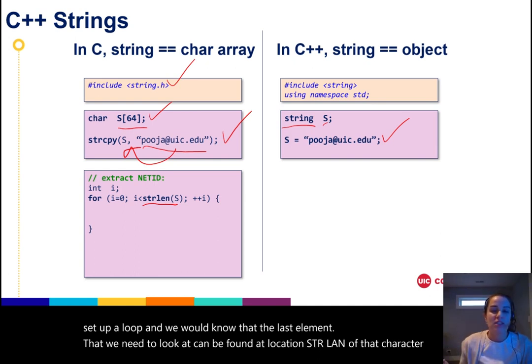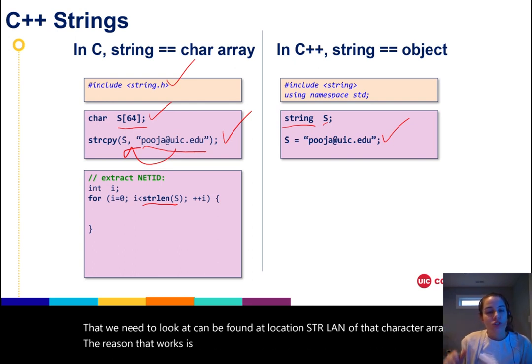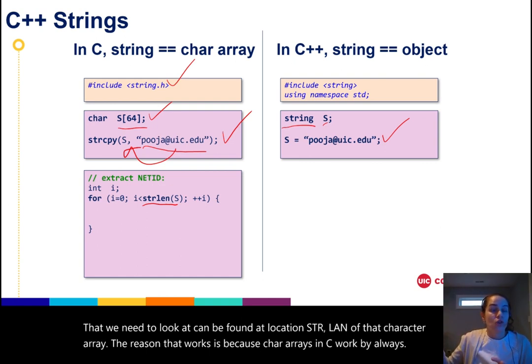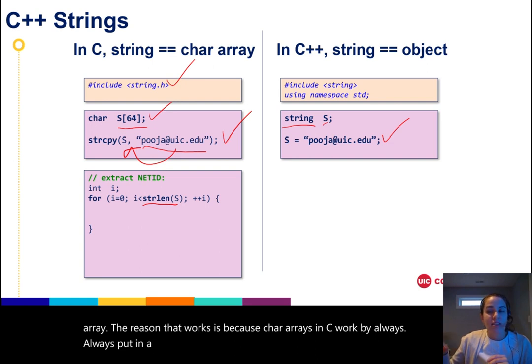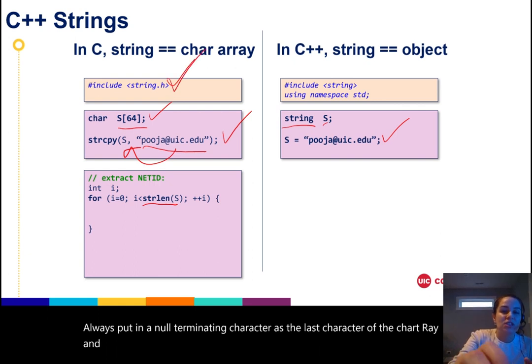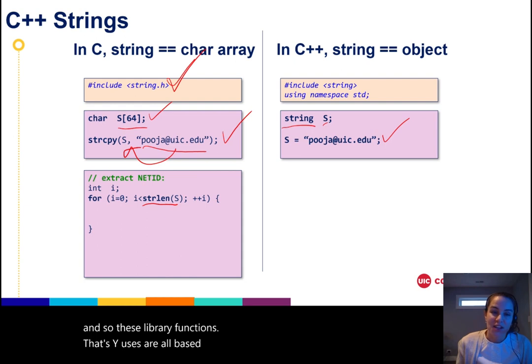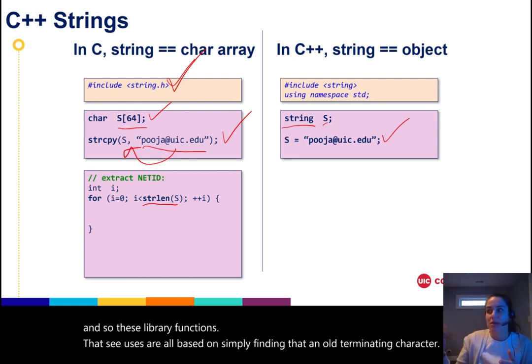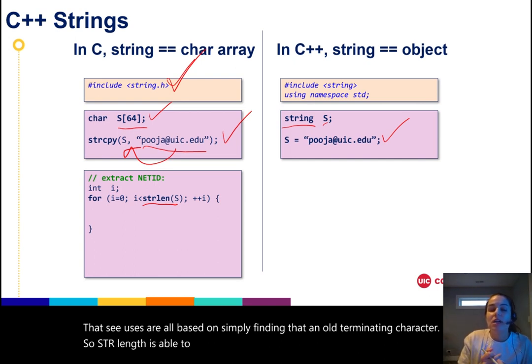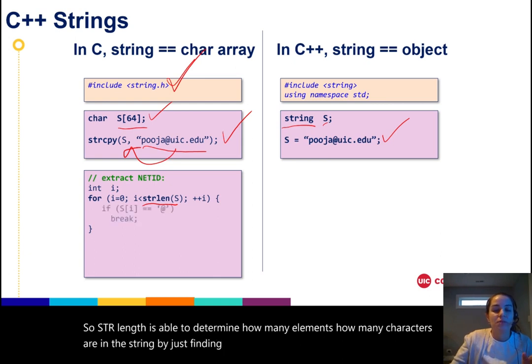The reason that works is because char arrays in C always have a null terminating character as the last character of the char array. And so these library functions that C uses are all based on simply finding that null terminating character. So strlen is able to determine how many characters are in the string by just finding the null terminating character and counting.